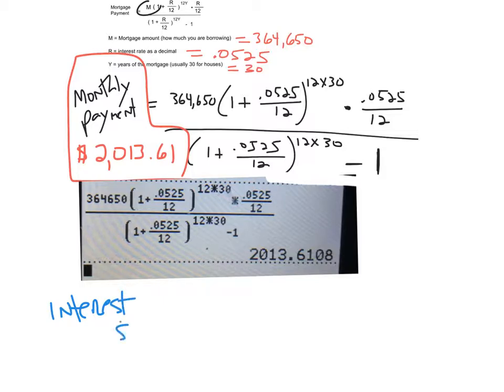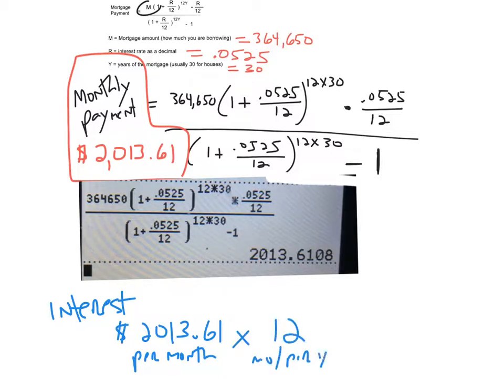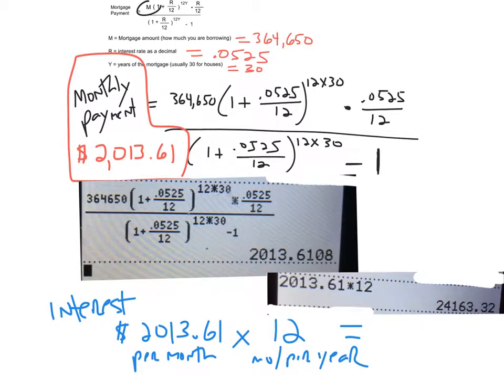So we're going to take this $2,013.61, which is per month, and multiply that by 12 because there are 12 months per year, which means every year of your mortgage you're paying $24,163.32. So that's how much per year your mortgage is.